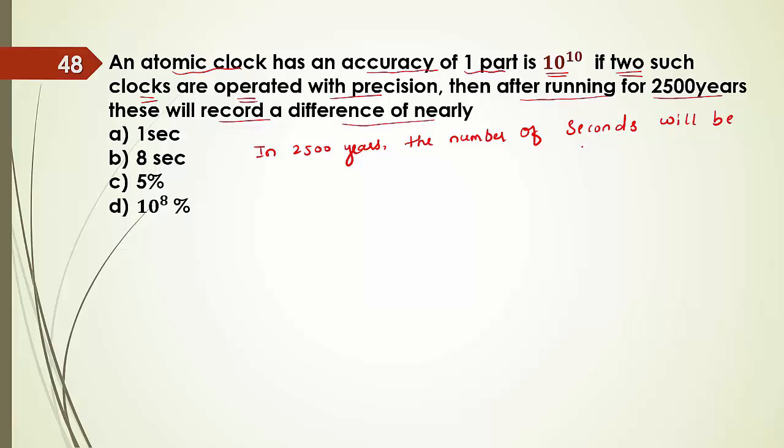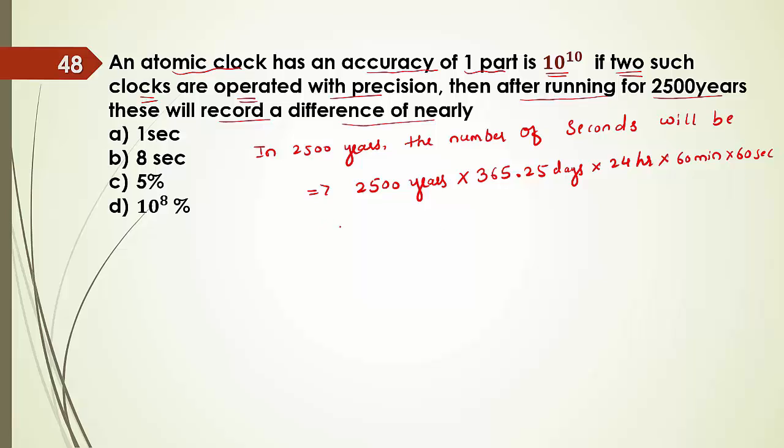For 2500 years, the number of seconds will be: 2500 years into 1 year equal to how many days? Accurately we can take 365.25, into 1 day equal to 24 hours, 1 hour equal to 60 minutes, 1 minute equal to 60 seconds.